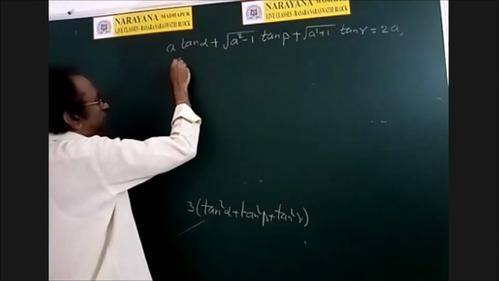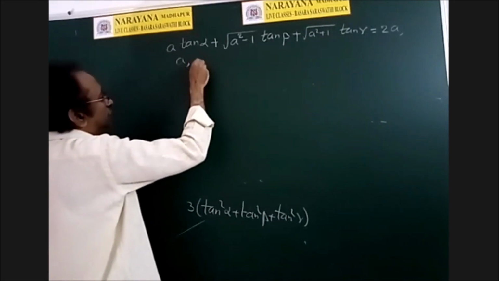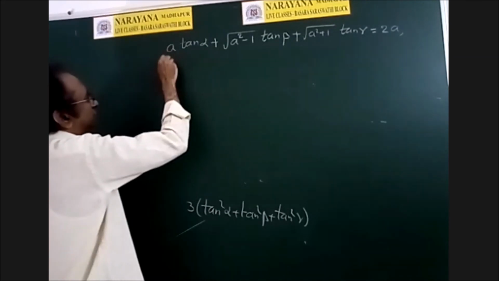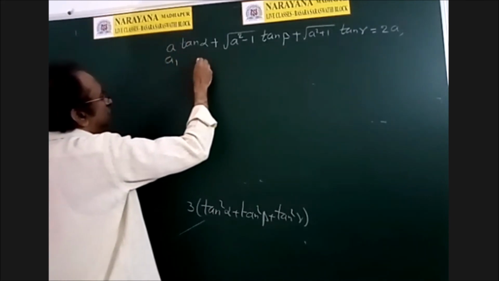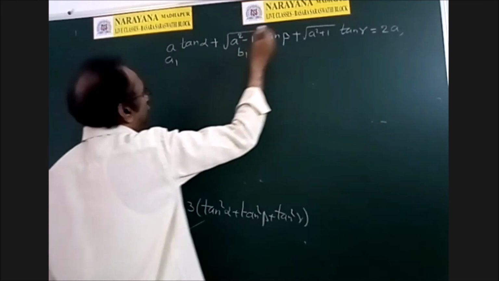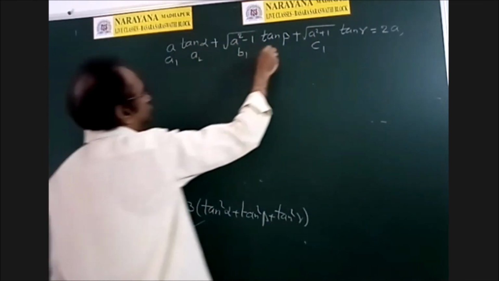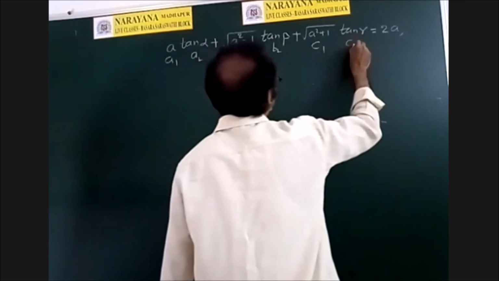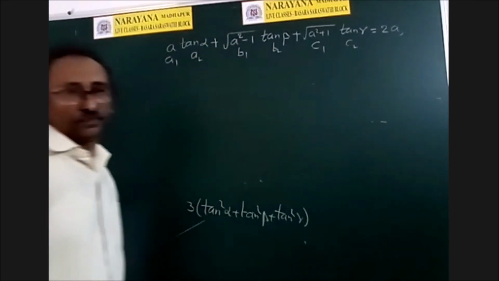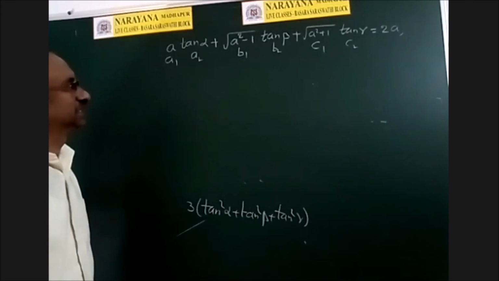See, now there are 6 numbers I am taking. So this is A1, B1, C1, and this is A2, B2, C2. So what is the result?